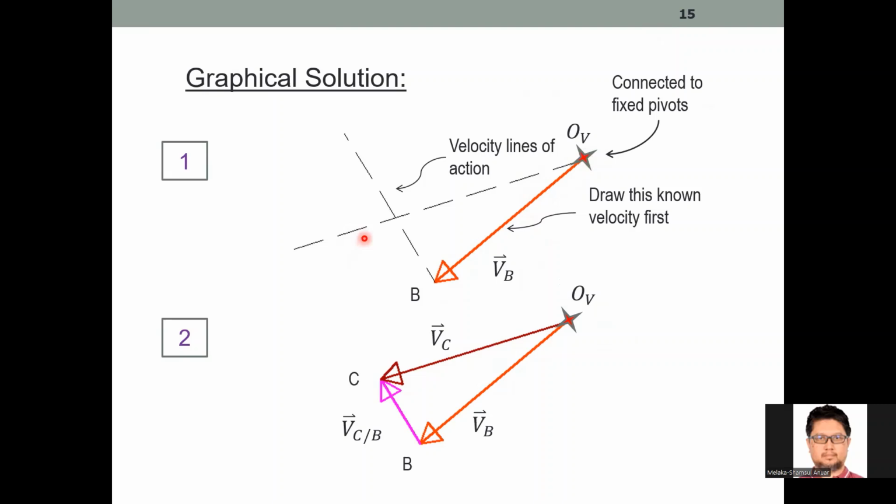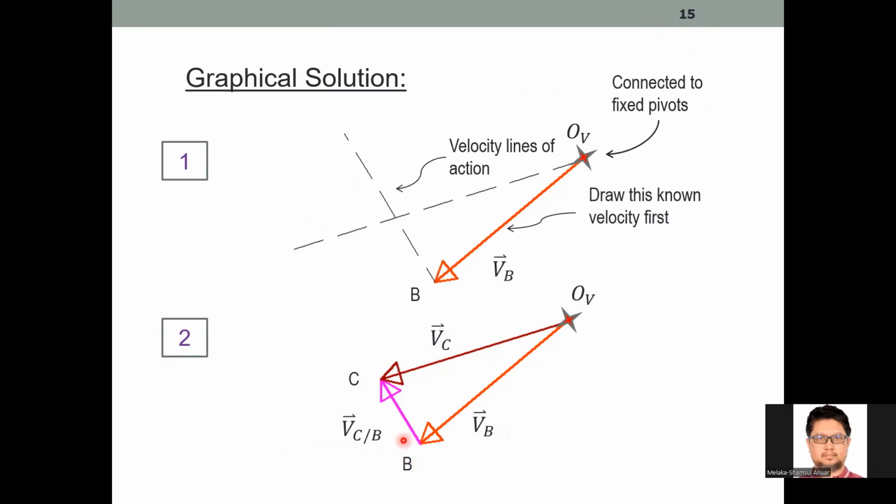Then we take the line for VC and also VC/B. VC and VC/B, and you'll get this intersection, and just draw them, label them accordingly. So this will be VC, VB, and this will be VC/B.